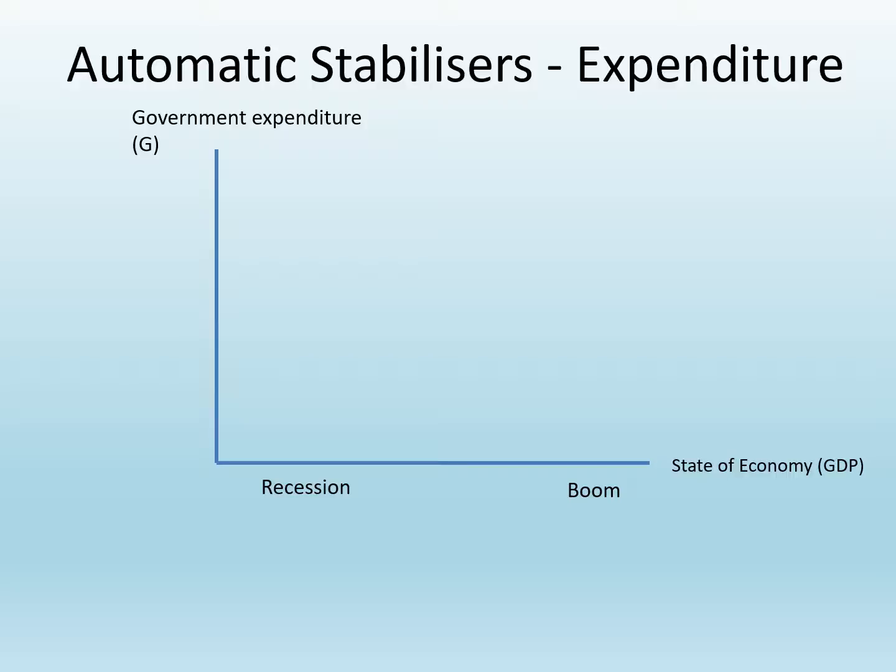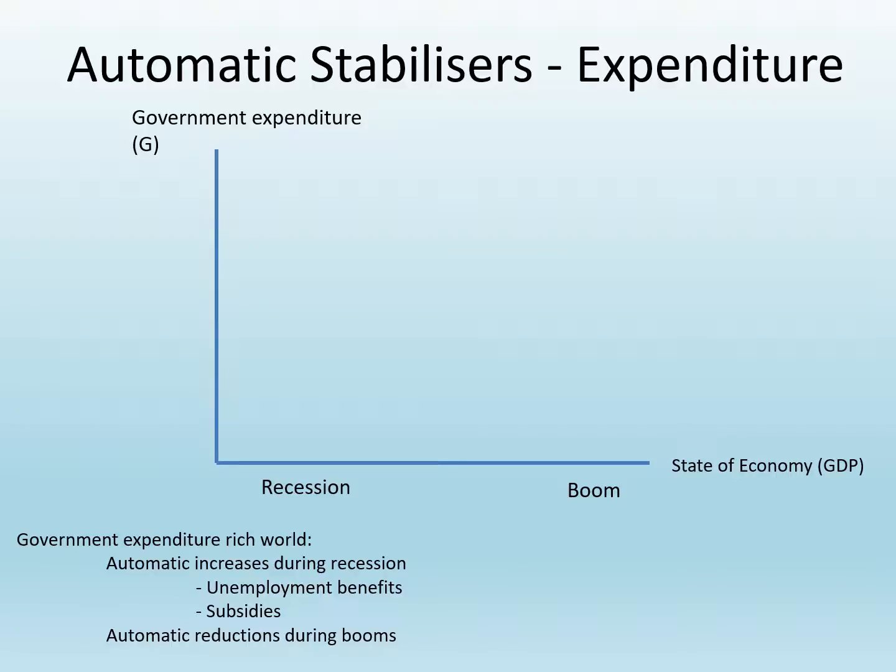Now, the typical relationship that we have in the rich world is that when an economy goes into recession, there are automatic increases in government expenditure, and they increase because of unemployment benefits, subsidies, things of that nature. And as the economy grows, these automatic changes decline, there are fewer subsidies, less unemployment benefits and things of that nature.